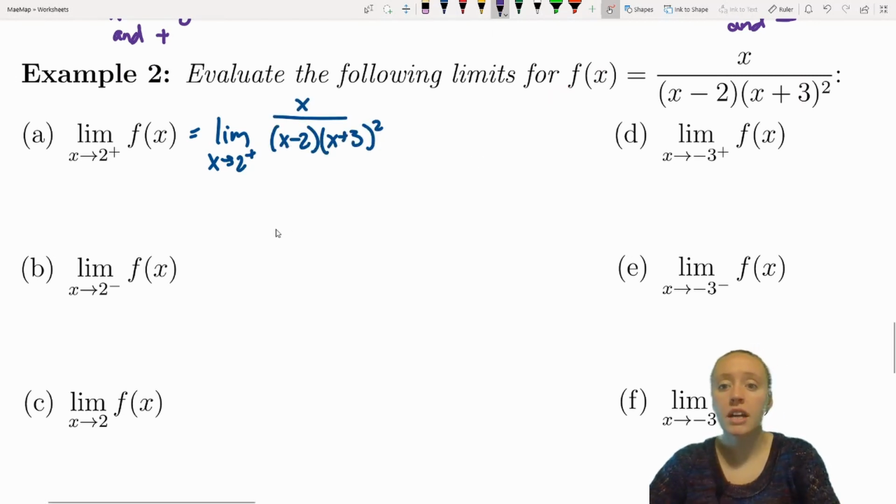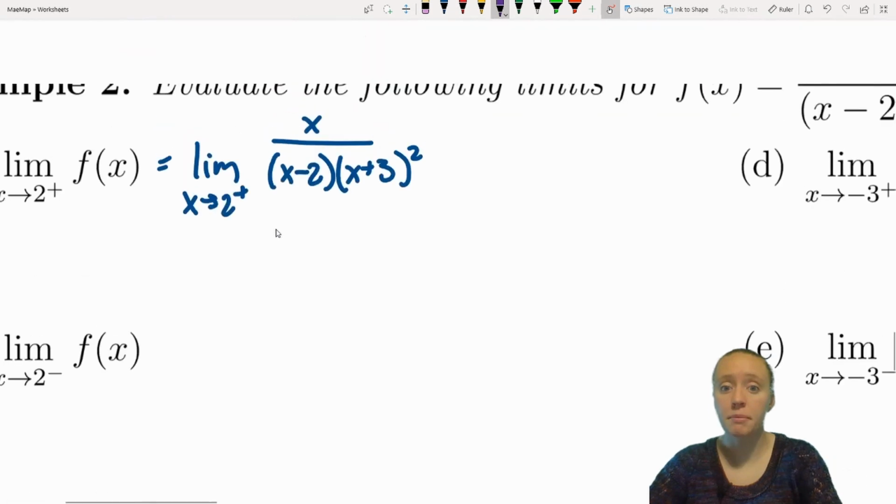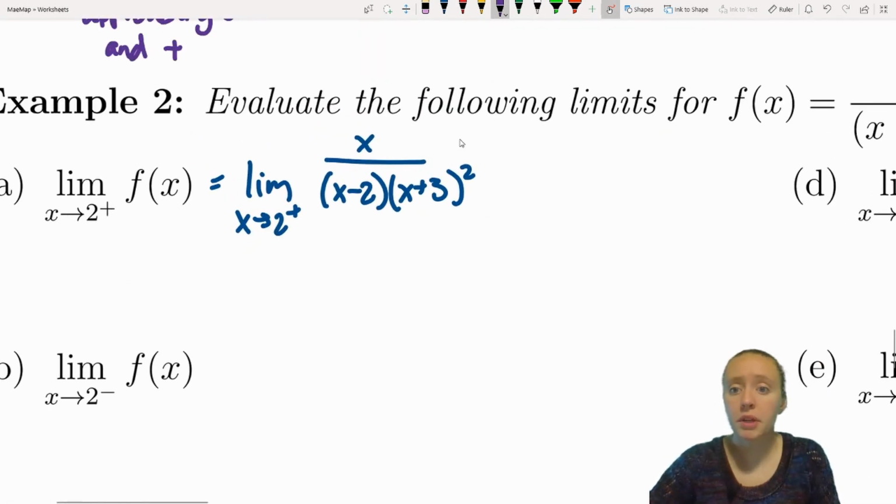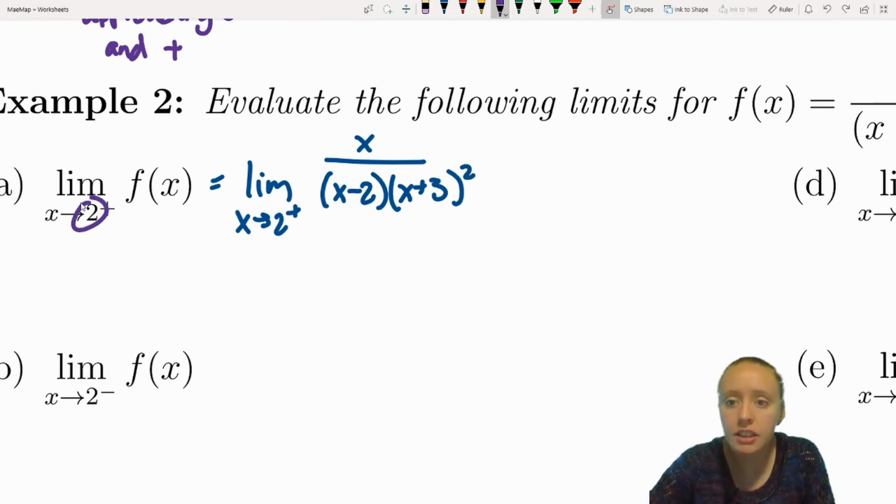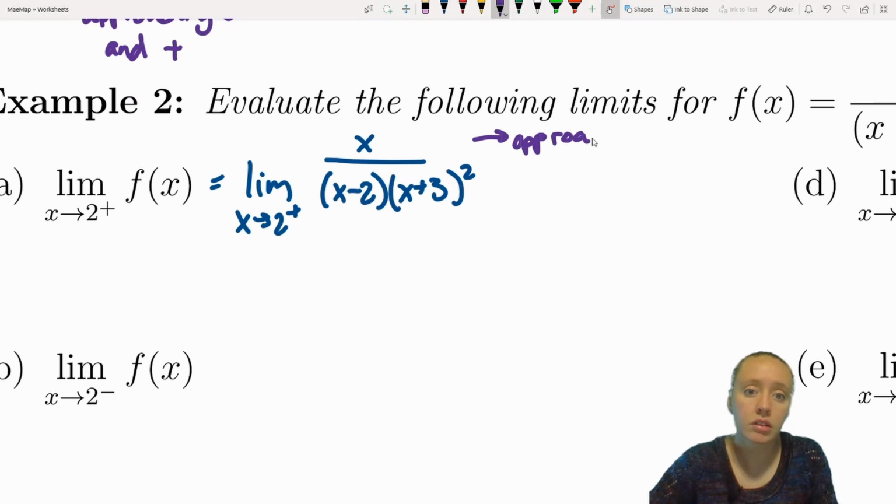Let's think about what is happening to our numerator and our denominator. In our numerator, what are we approaching? Well, as we approach 2 from the right, we're approaching some constant of 2, and that's a positive 2. So our numerator approaches a positive 2. What's our denominator doing?